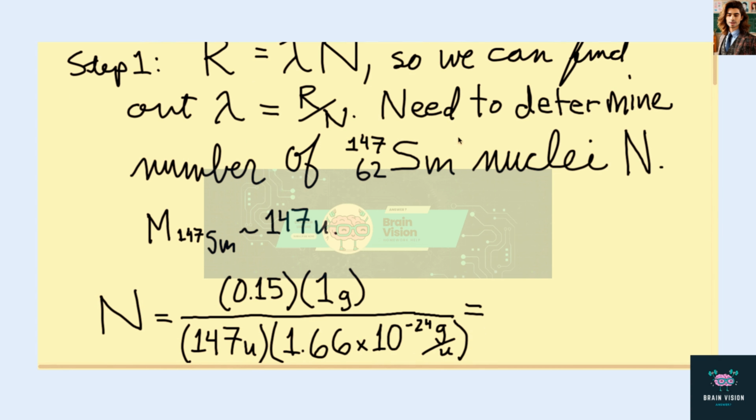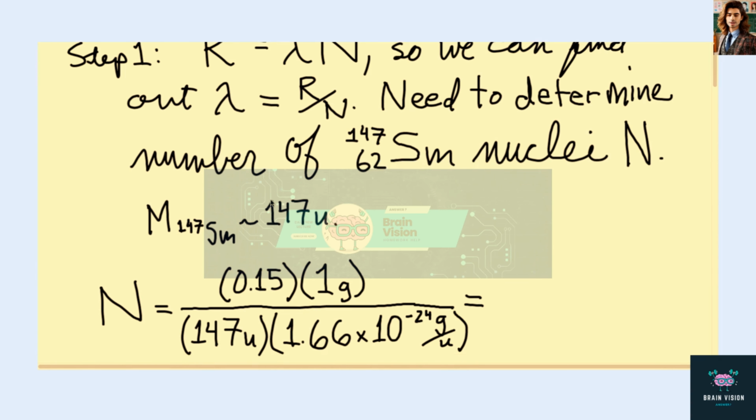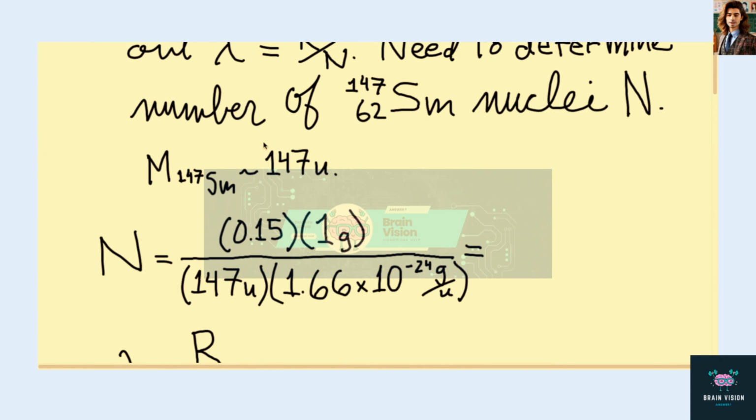So the first step of this problem, we can figure out two of the constants needed in order to solve for the half-life, given the relationship that activity is the product of the decay constant lambda times the number of nuclei present, n. Given this relation, we can find lambda as the proportion of activity to number of nuclei present. But we don't have the number n yet, so we'll need to determine that from the atomic mass of samarium-147.